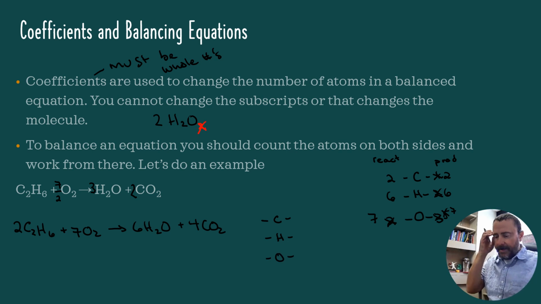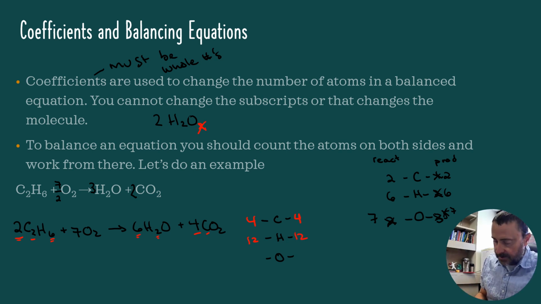Everybody, so I've got my carbons. I've got 4 carbons on the reactant side, 2 times 2 is 4. And I've got 4 carbons on the product side, because I've got 4 and there's times 1. Then my hydrogens: I have 2 times 6 is 12, and then 6 times 2 is 12.